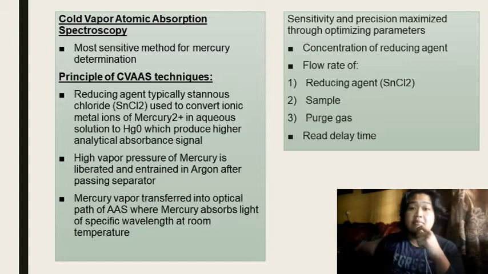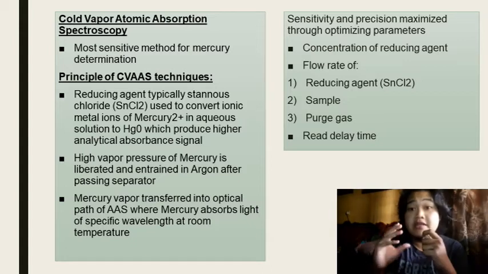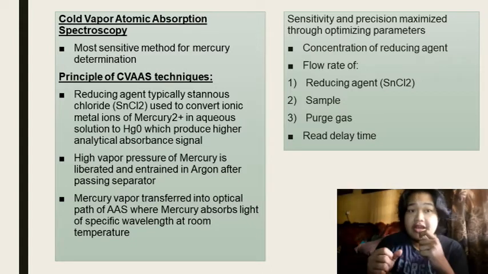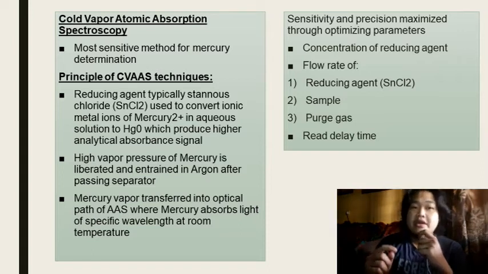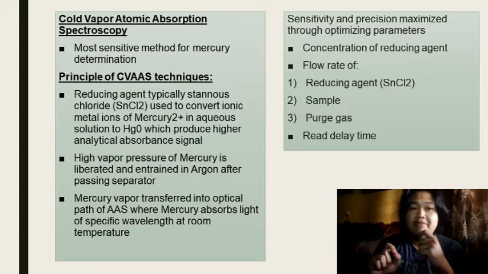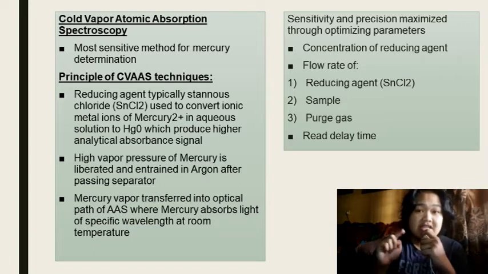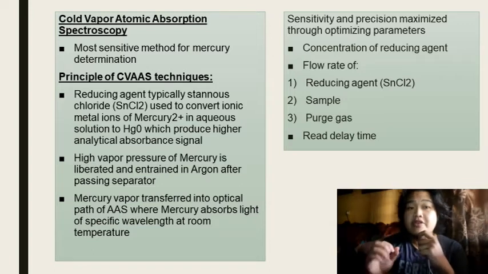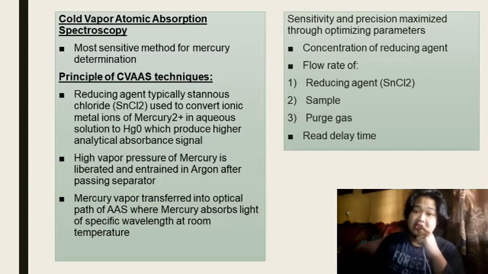Number 1, the reducing agent typically used is stannous chloride, SnCl2, used to convert ionic mercury, Hg2+, in aqueous solution into Hg0, or mercury with no charge, which produces higher analytical absorbance signal.